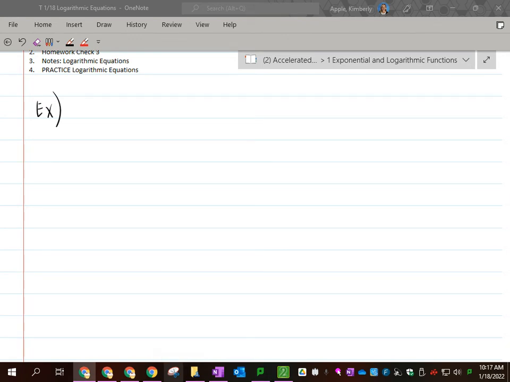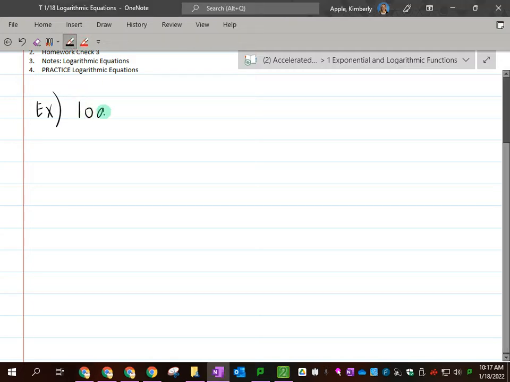So example number 1. We've got the log base 16 of negative 5x minus 6 equals the log base 16 of negative 4x plus 2.